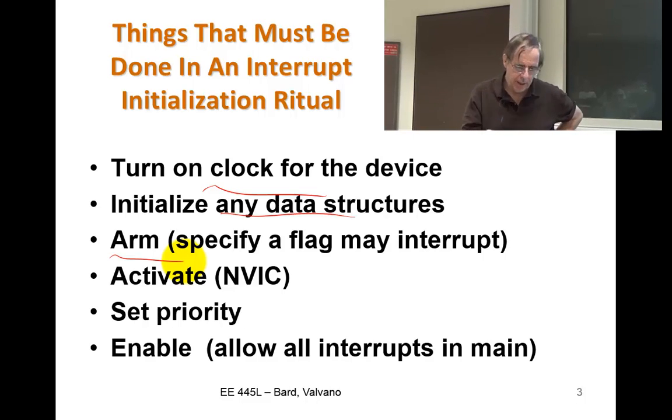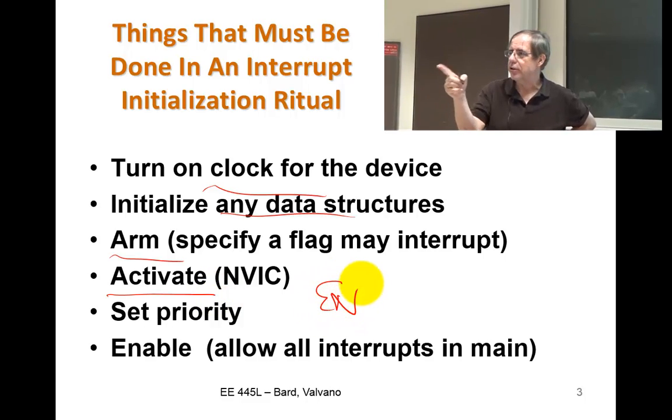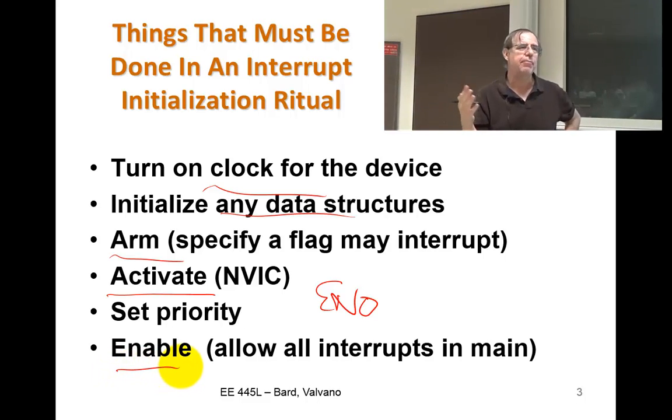We have to activate it. That's the bit in the EN register, the name of the register you just asked me about that I don't remember. It'll be EN0 something. We have to enable it, setting the I bit, and the last thing that has to happen is the busy to done state transition for requesting, setting the trigger flag, which is going to be done on an edge of that input.